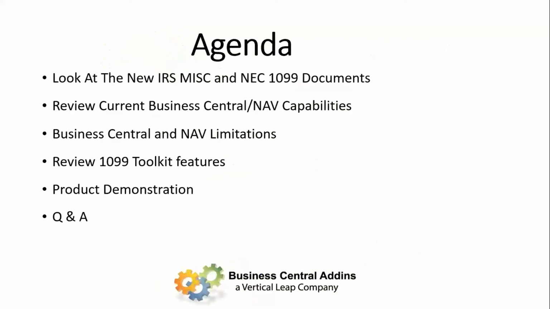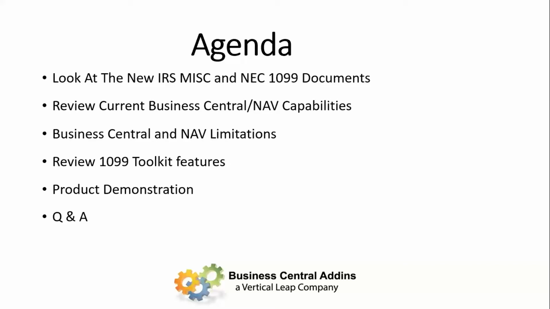So the first thing we want to do is say, what is it we're going to talk about here? We're going to look at the new IRS MISC and 1099 NEC forms. They have changed. Both of them have drastically changed. We're going to review the current Business Central and NAV capabilities, and I will discuss the latest release information that Microsoft has provided, that they in fact do have a release now that has the NEC form, and we'll talk about what's involved, what it can do and what it can't do, and what's involved in getting it installed in your software.